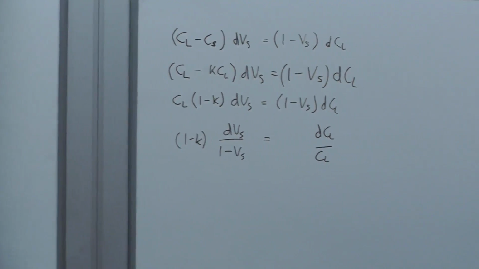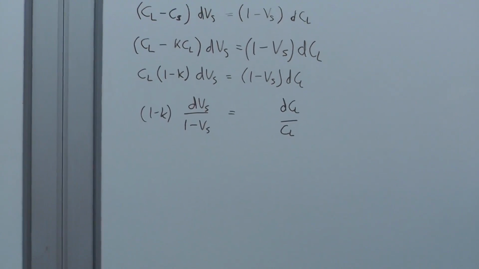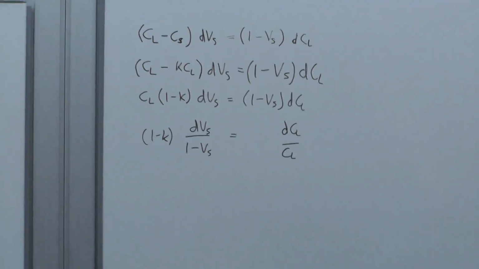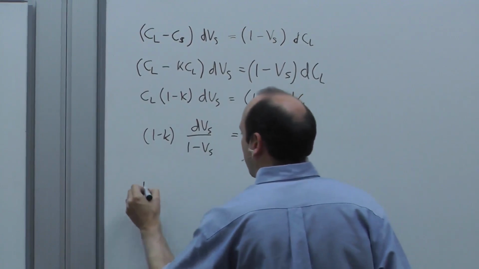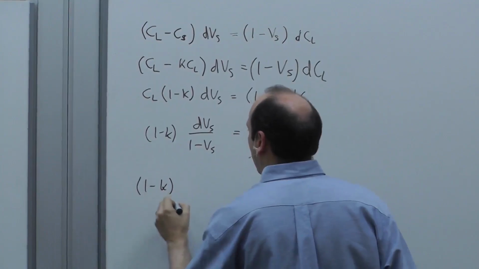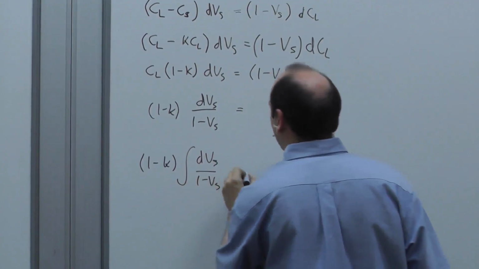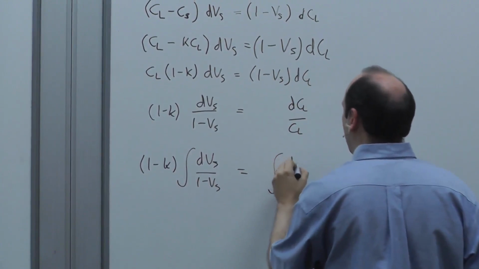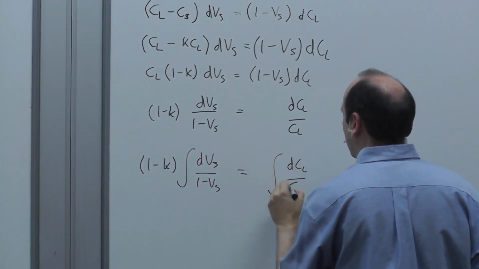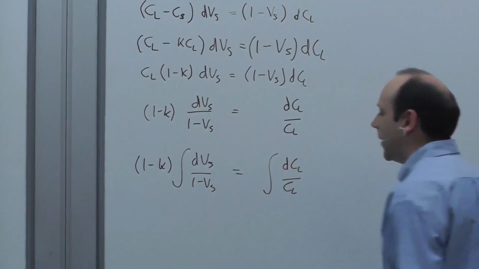And that's then something we can just integrate up and solve. So I can put an integral sign through. So 1 minus K, integrate dVs divided by 1 minus Vs is equal to the integral of dCl by Cl.